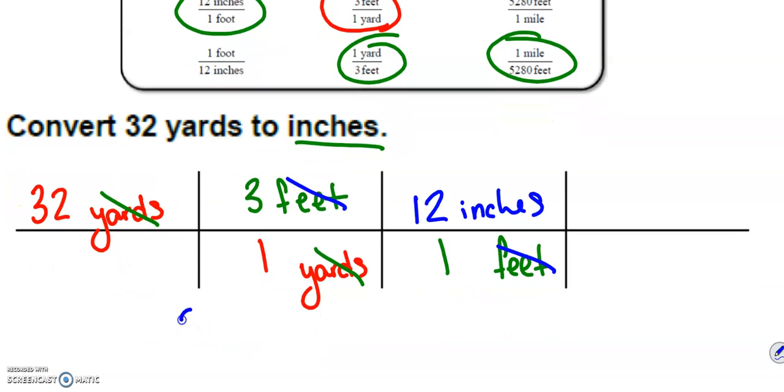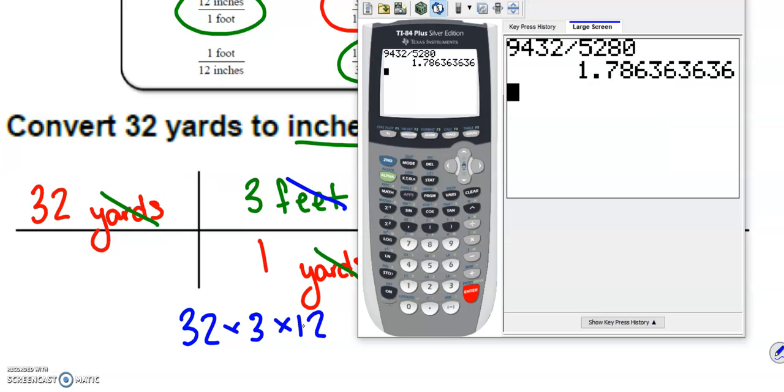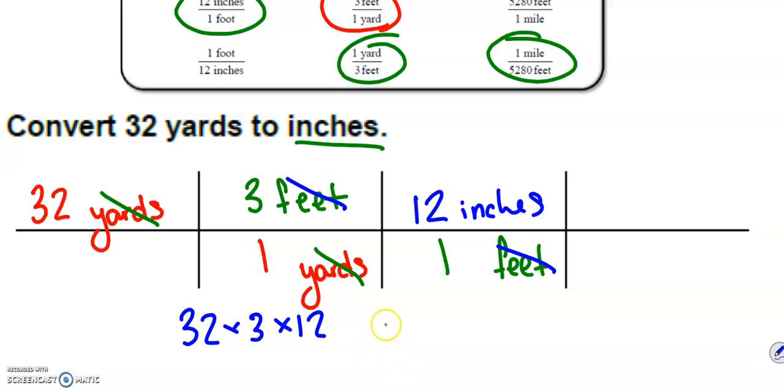So I still have 32 times 3 times 12. What that's going to get me is 1,152. So I have 1,152 inches in 32 yards.